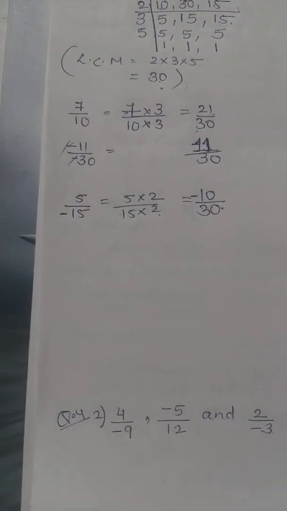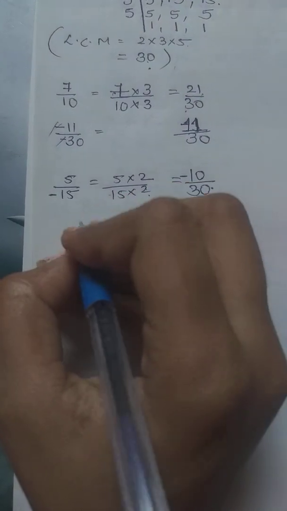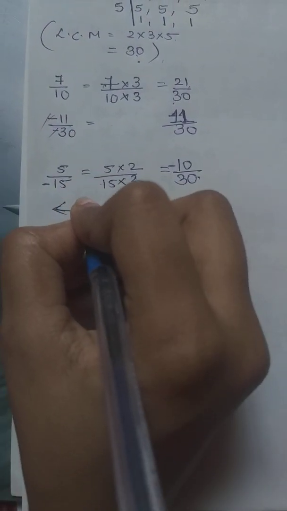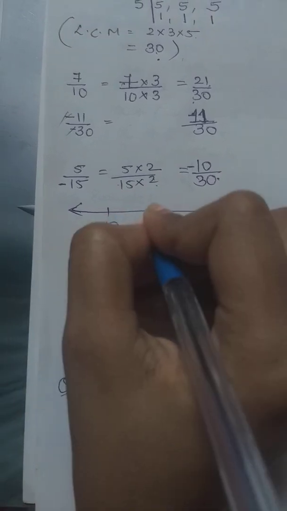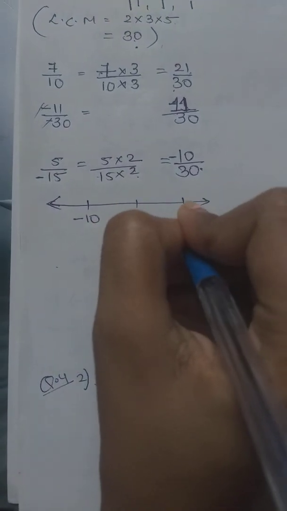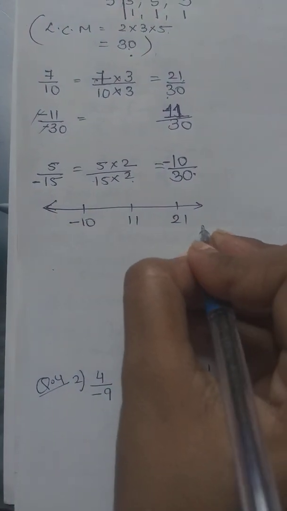Okay, minus 10. Now I'm going to show you in number line form. See, first minus 10 will come, then minus 11, then 21. Okay, so similarly we'll write.